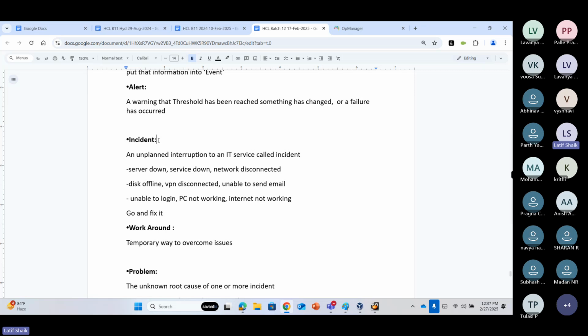Suddenly the server is down, the application is not working, the network is disconnected, NIC is down, router is not functioning, switch is not working. These are all incidents. You don't have any plan. Up to now it was working fine, suddenly it occurred. That is called an unplanned interruption, that is called an incident. Guys, understand what is an incident?